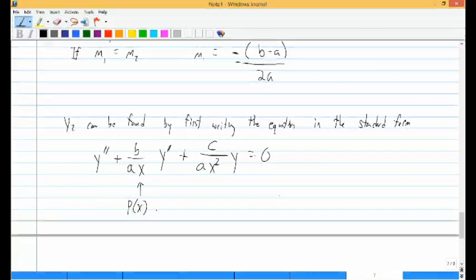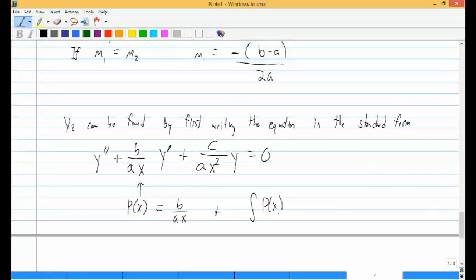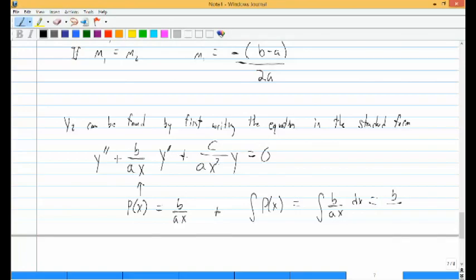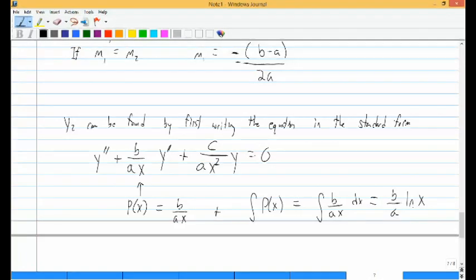So p of x equals b over ax. And the integral of p of x would then be equal to the integral of b over ax, which if a and b are constants, is just a natural log integral, because we're integrating 1 over x. So that would be b over a times the natural log of x.